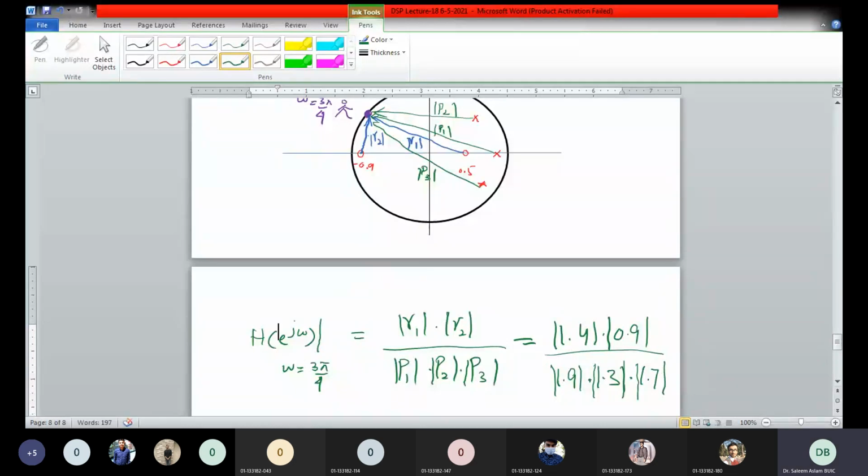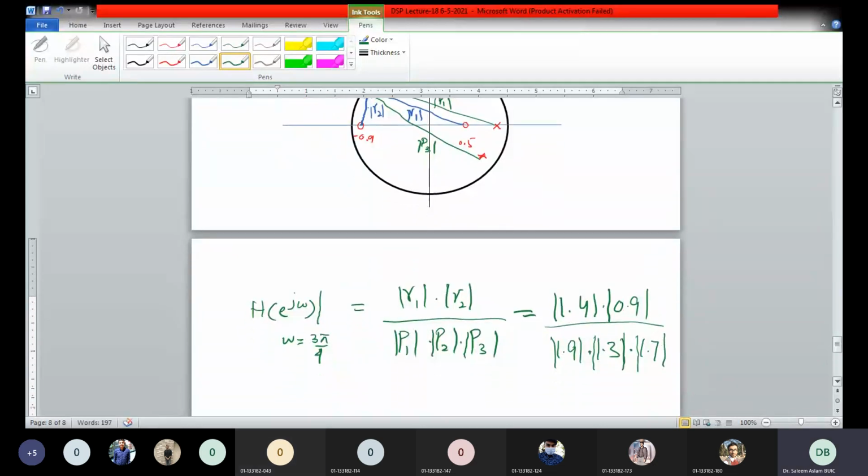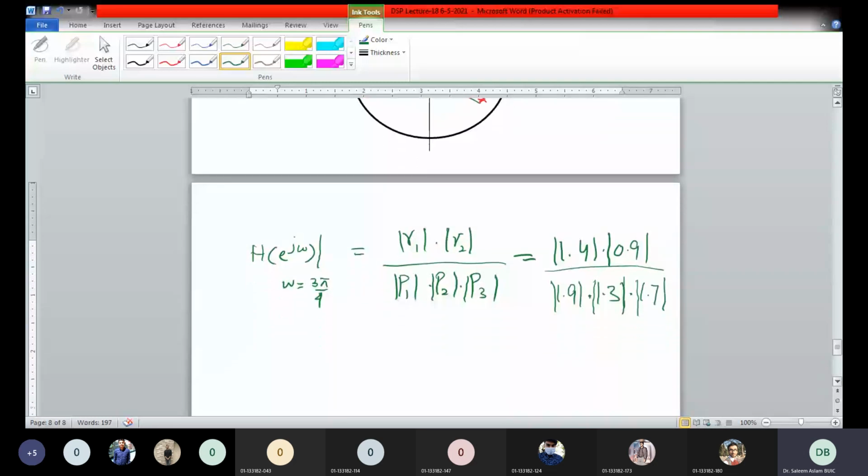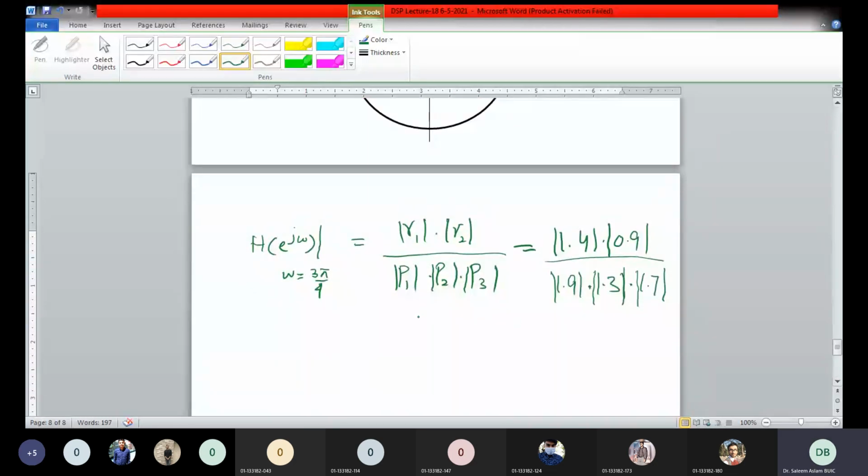ठीक है बेटा? So आप इसको multiply करेंगे, you will get the net answer. So that would give you the frequency response of this system. अगर कोई multiply जल्दी कर देता है तो we will draw it quickly and we can conclude our lecture.